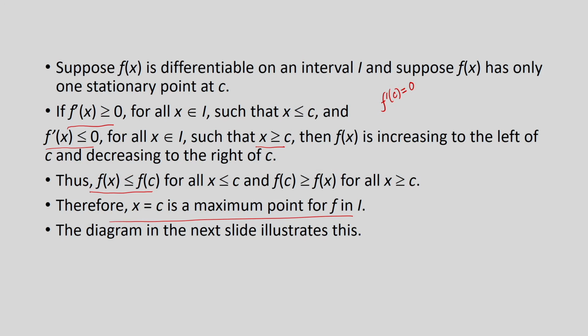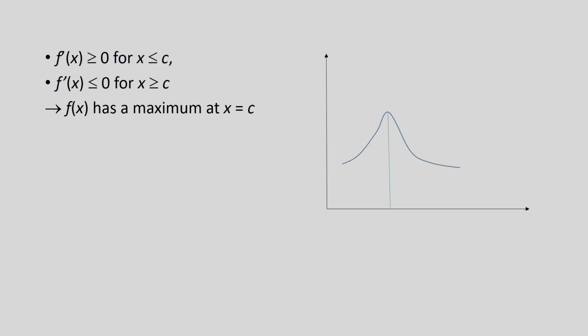So, this is a kind of test for finding a maximum point, and here is the diagrammatic example. Here is one illustration. Here is c, and at c we know that there is a stationary point, that is f dash of c is equal to 0. The function is such that the tangent at that point is parallel to the x axis.